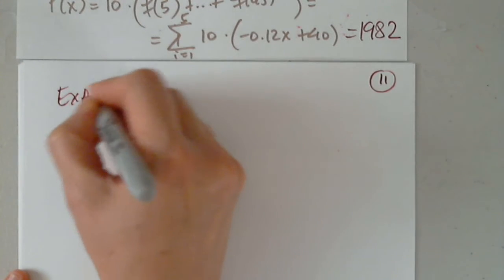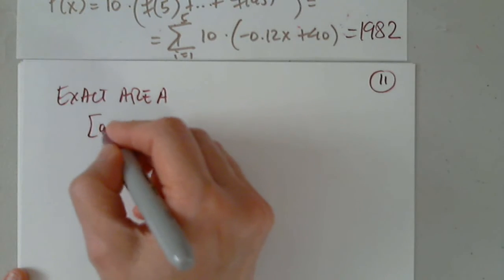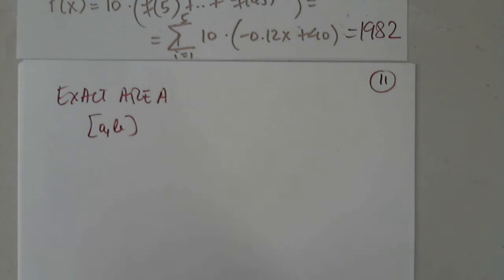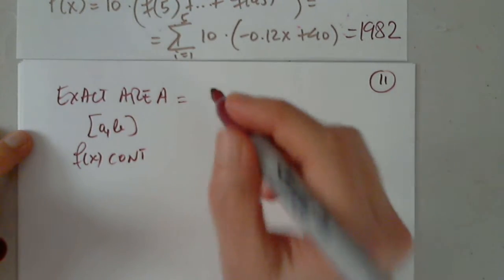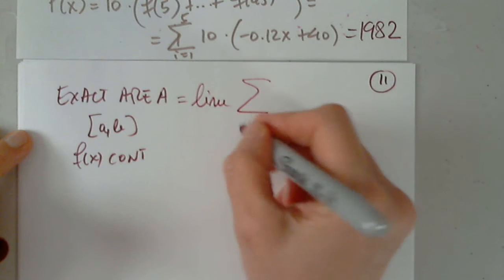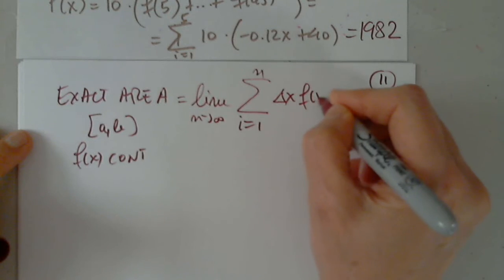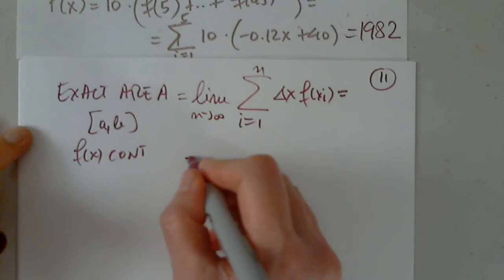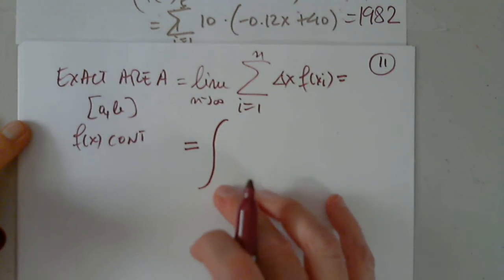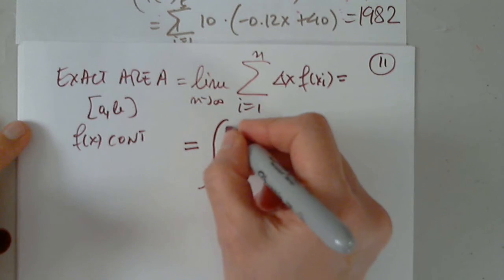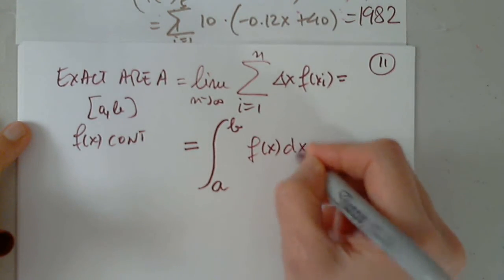So the exact area under the graph on the interval a, b, when f of x is continuous on the interval, is not only the limit of the Riemann sum from i equals 1 through n, as n approaches infinity, of delta x f of xi, but it's the same, as I promised, as the stretched S from a to b of f of x dx.